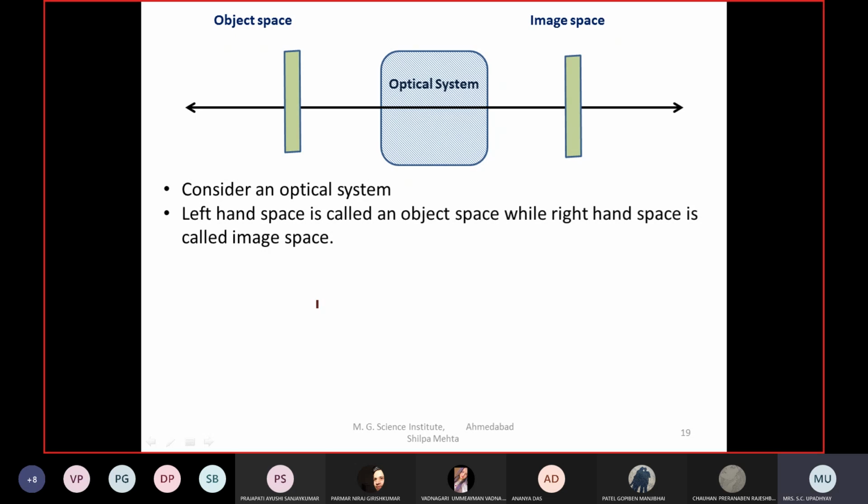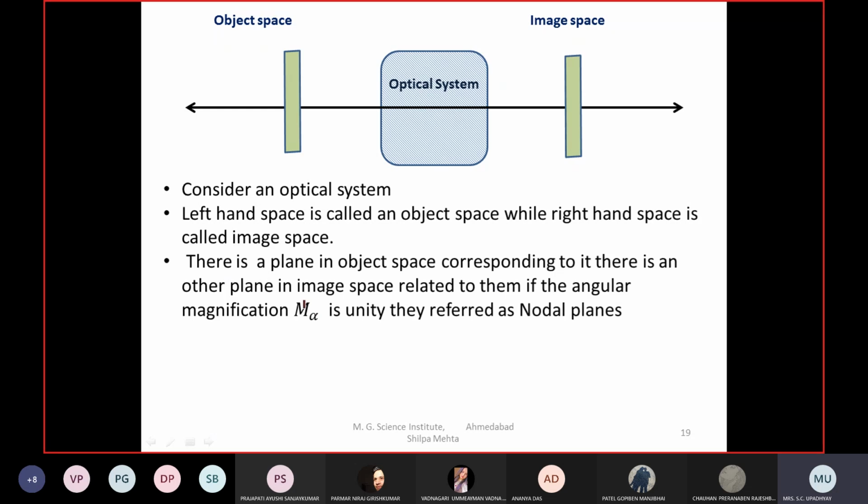In the unit planes, the linear magnification corresponding to these two planes is unity. Here, when the ray passing through this plane and incident on the optical system emerges from the second image plane, that is the second nodal plane, at the same angle.